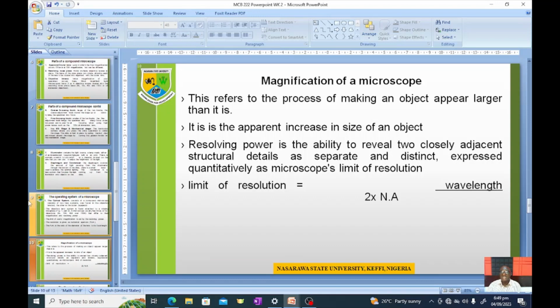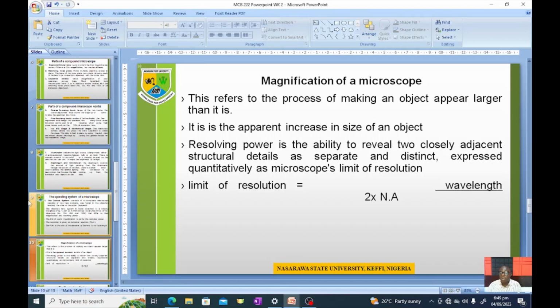What that means is that the resolving power of a microscope is what actually tells whether or not the microscope is good and is sharp, because it has the ability to reveal closely related structural details as if they are lines separate and distinct.